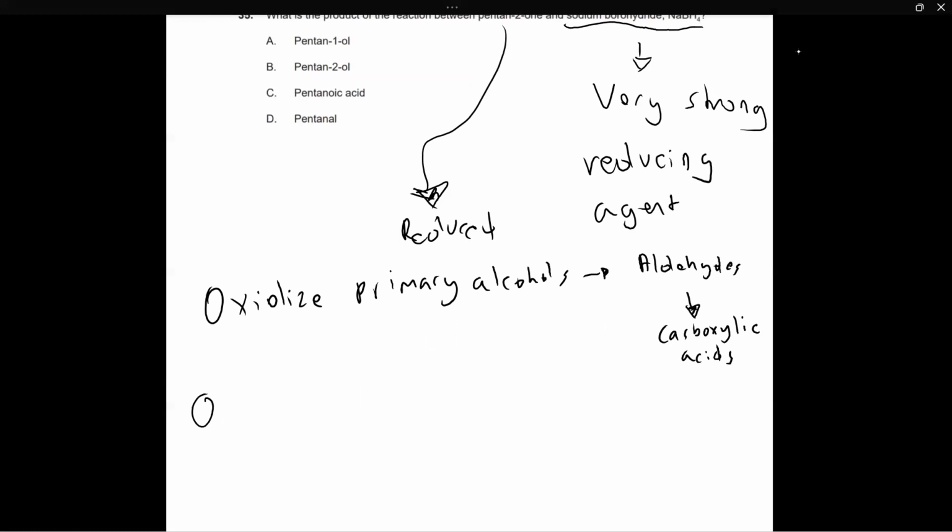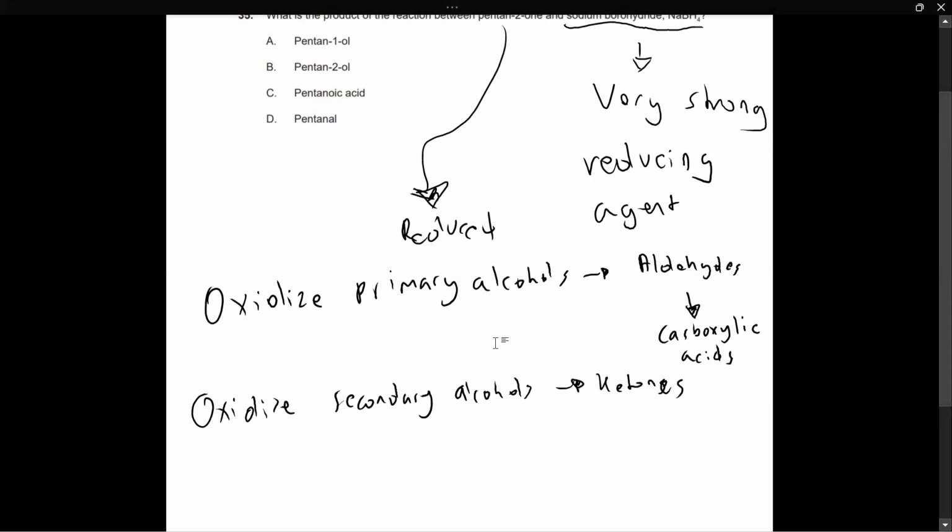When you oxidize secondary alcohols, you get ketones. And that's it. You can't oxidize ketones further. So primary alcohols can be oxidized into aldehydes, and then the aldehydes can be further oxidized into carboxylic acids. Secondary alcohols, on the other hand, can only be oxidized into ketones, and ketones can't be oxidized into anything else. That's the end point of the secondary alcohol oxidation chain, I guess.